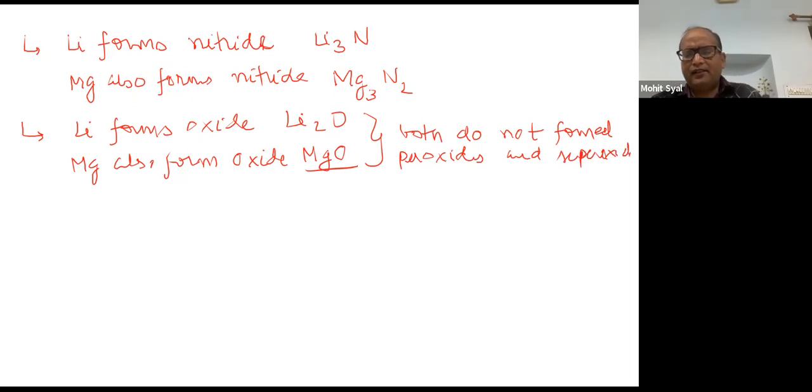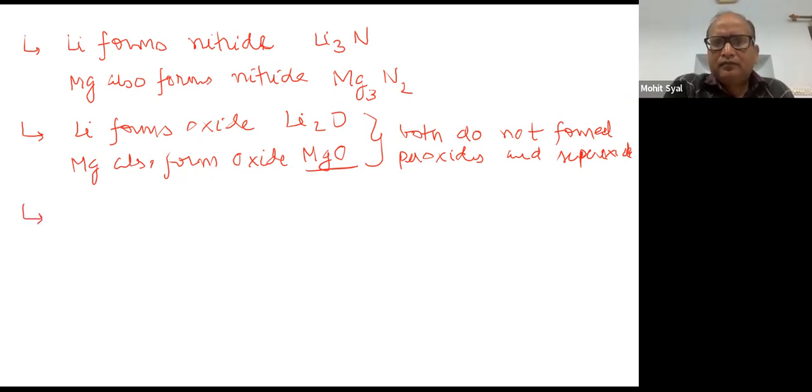Is it clear? Because the peroxides and superoxides were larger ions, containing 2 oxygen, so larger ions were unstable with lithium. That was the reason behind the instability of lithium peroxide or superoxide, right?